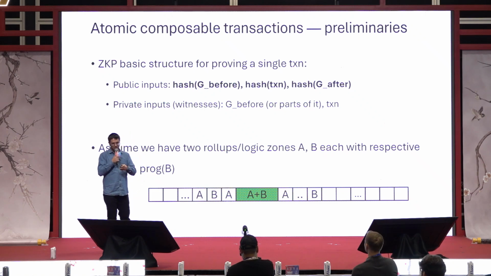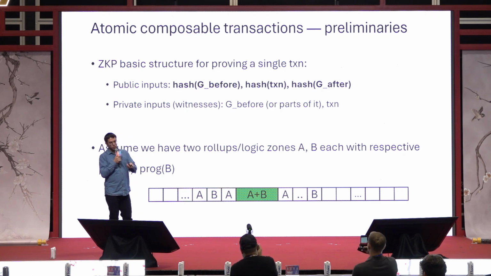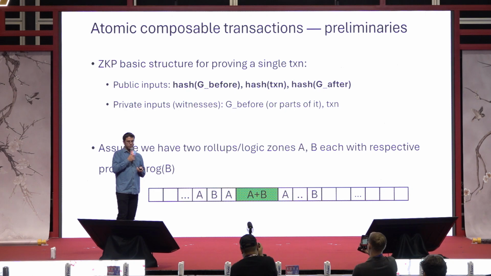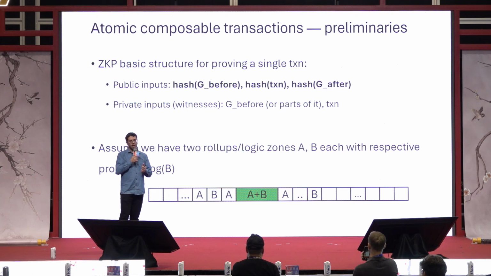So I must touch very fast on just giving the basic preliminary. A zero knowledge proof basic structure would be separated into two parts. The public inputs would be, in the very basic case where I want a zero knowledge proof of a specific transaction, let's say I have an L2, it has a global state before, G before. I want to receive a transaction and execute it.